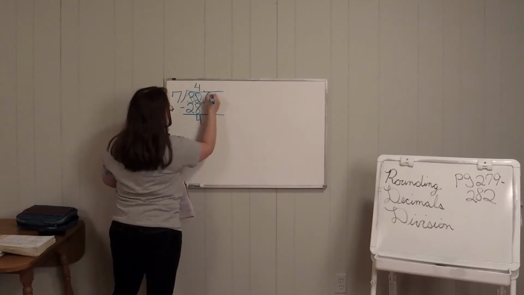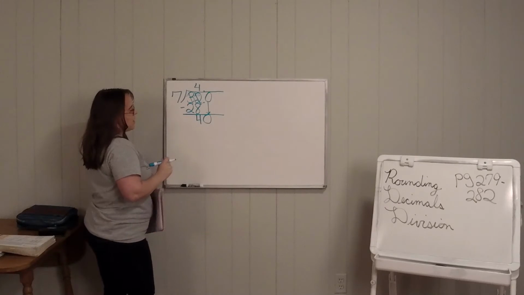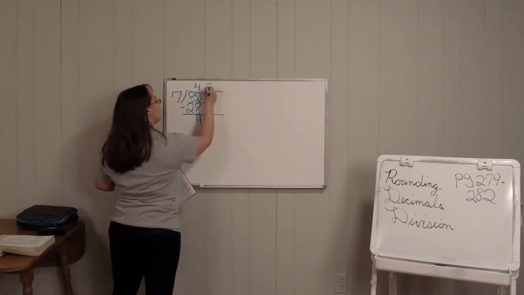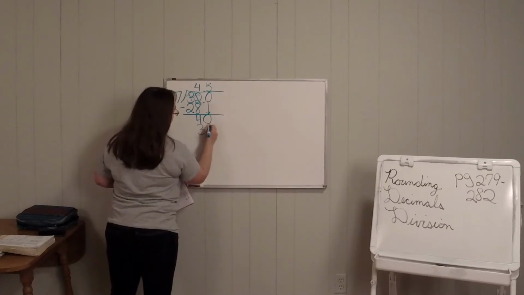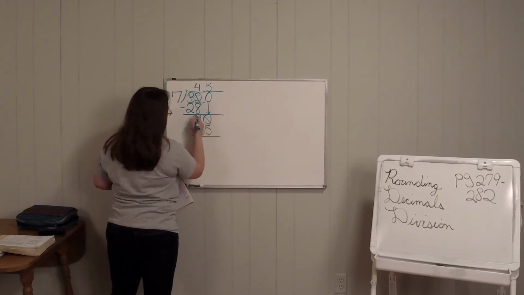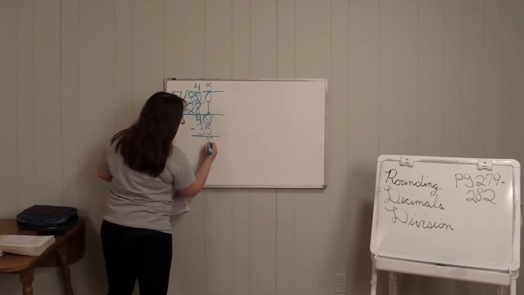Add your 0 for the annexing. How many times will 7 go into 40? It will be 5. That's 35. 10 minus 5 is 5.